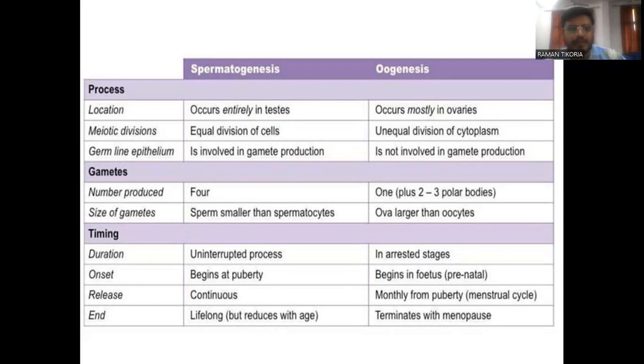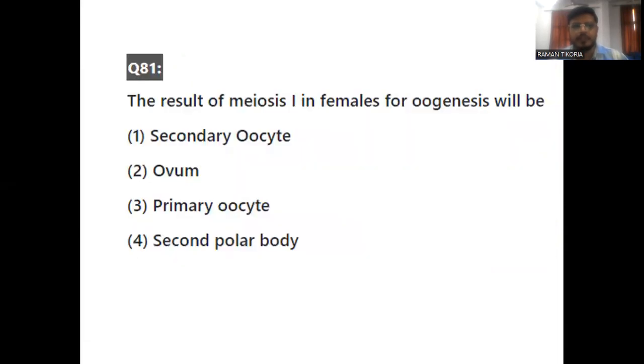Gametes: four gametes are formed in spermatogenesis, and in oogenesis, only one gamete is produced. Size: there is one critical difference, that size is reduced in spermatogenesis, whereas size is increased in oogenesis, right? So this is the end of the topic oogenesis.